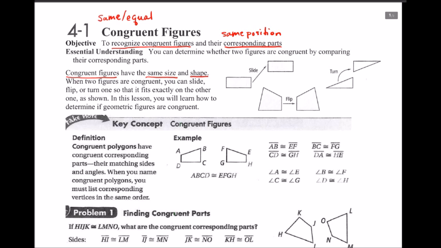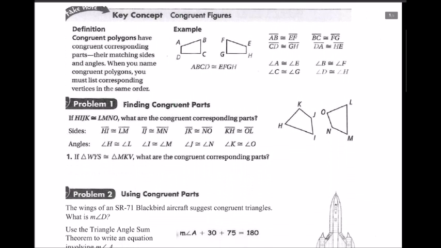We can take our figure and actually pick it up and flip it over and have it be the same as the other figure, or we can also rotate our figures. So you may have to turn your paper occasionally, or look at these carefully to see that they are congruent. So let's see how this goes.